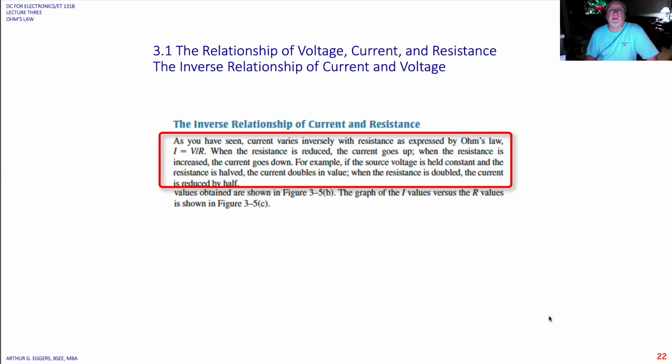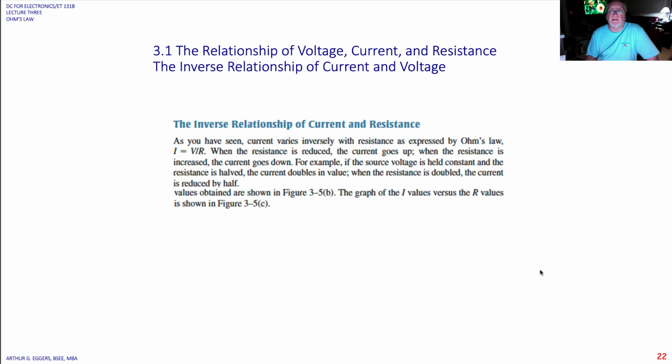For example, if the source voltage is held constant and the resistance is cut in half, the current will double in value. When the resistance is doubled, the current will be reduced by half. You can take a look at how you would graph this to understand the relationship.